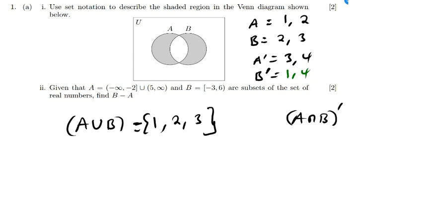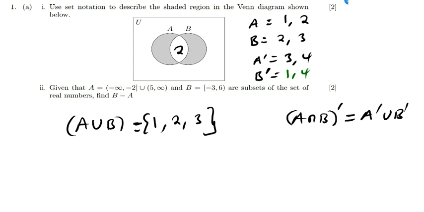For A intersection B complement, these are all numbers except 2. You can use De Morgan's theorem to prove this. It's going to be A complement union B complement.